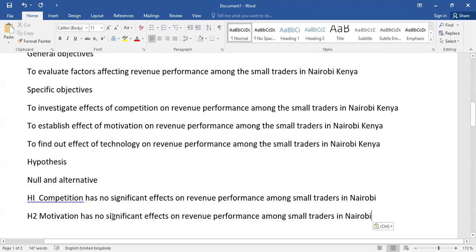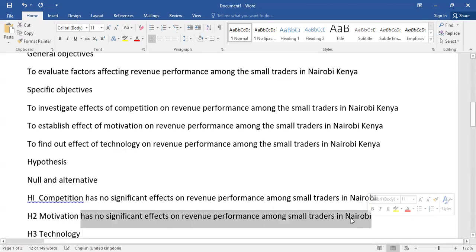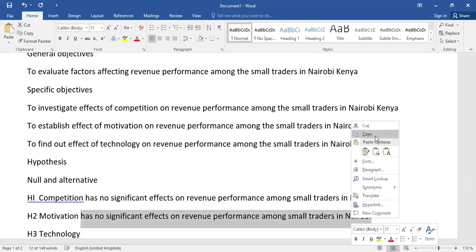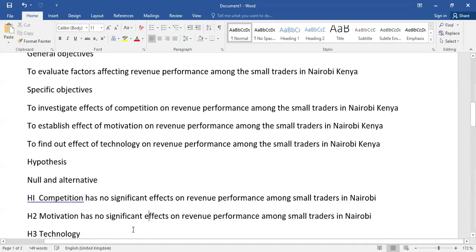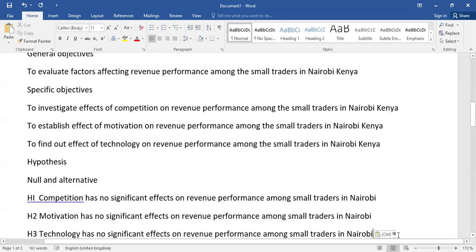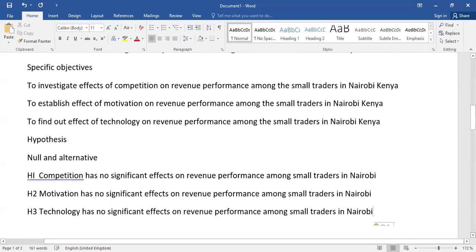Motivation has no significant effect on revenue performance among the small traders in Nairobi. Now, the last factor, the third hypothesis, is technology. Technology has no significant effect on the revenue performance among the small traders in Nairobi.